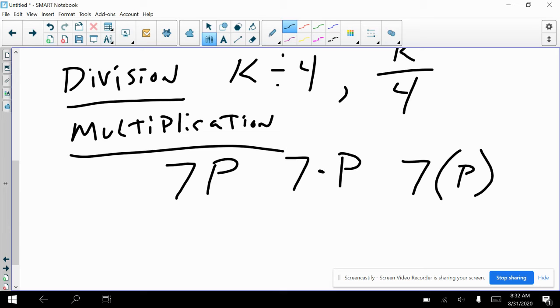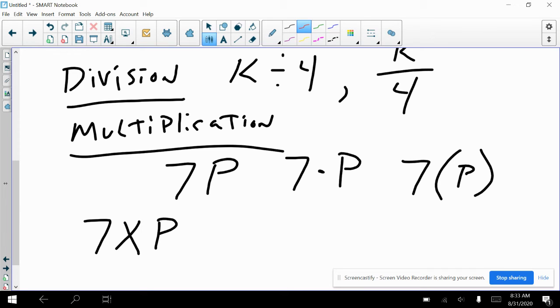What you're not going to see is something that looks like this. What's the matter with that? Max? Yeah, very good, sir. So 7xp. You don't know if that x is a variable or a multiplication sign.